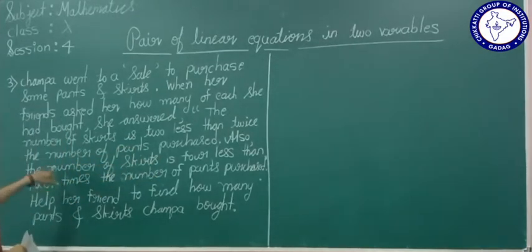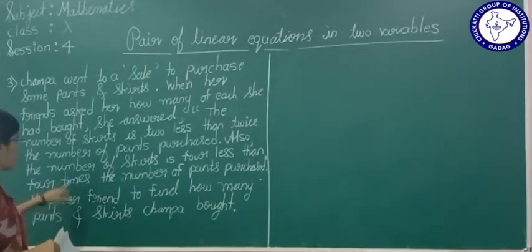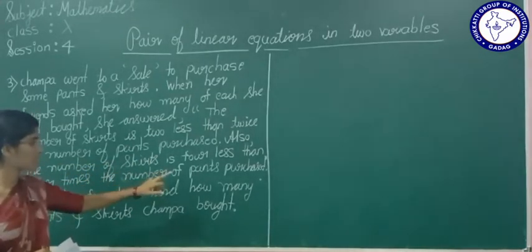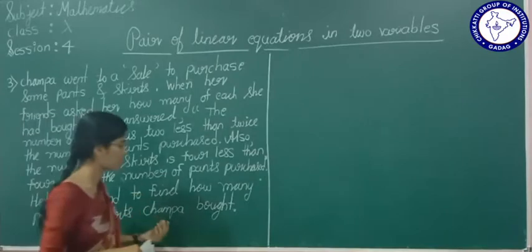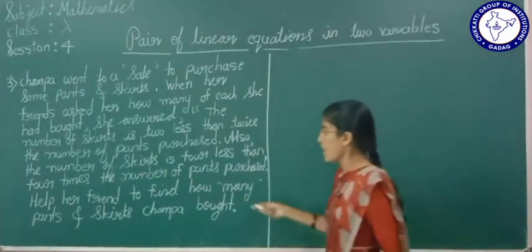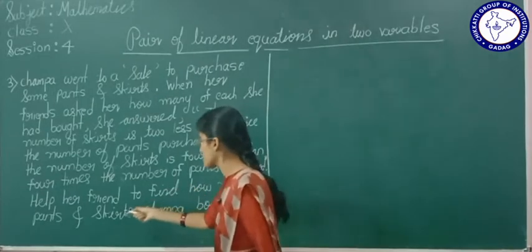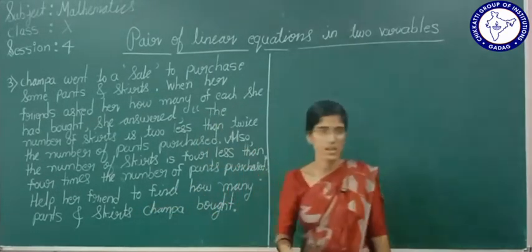Also, the number of skirts is 4 less than 4 times the number of pants purchased. Help her friend find how many pants and skirts Champa bought. We have to find this out here.